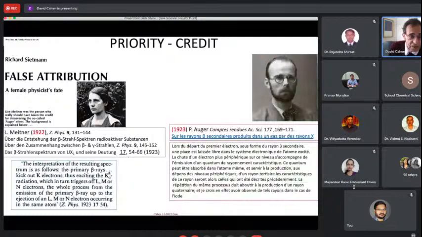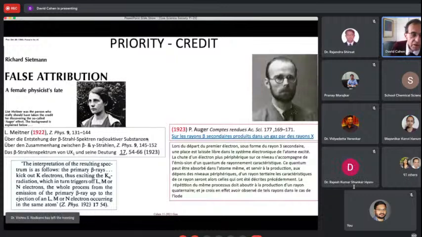It was a side effect of her main research, but there is no question that she found and published the effect first. But no one talks about the Meitner-Auger effect. That is the credit problem that we have, even if priority is established.